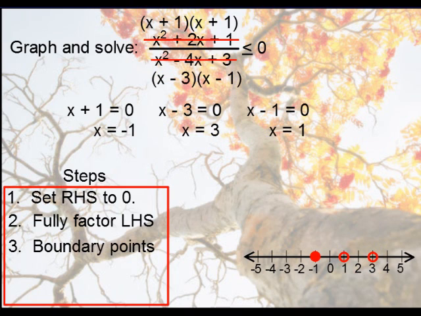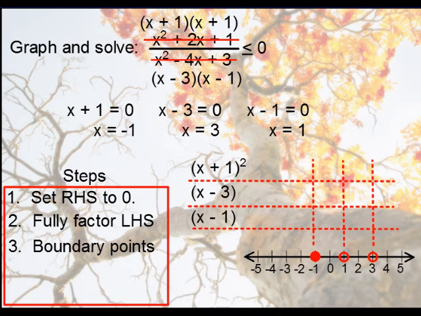Okay, now that we've done that, we need to figure out where we're going to shade in this thing. The boundaries are set by those three values, so you're either going to shade here, or here, or here, or here, or some combination. So let's set up a chart. With the chart, we've listed all the binomials, and yes, this is a rather complex fraction, in that you're multiplying up here, then taking this value and dividing by this big product.